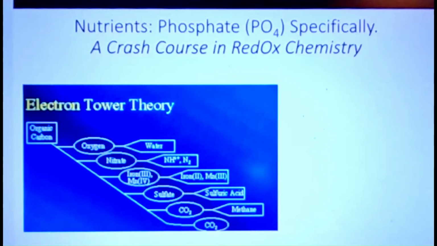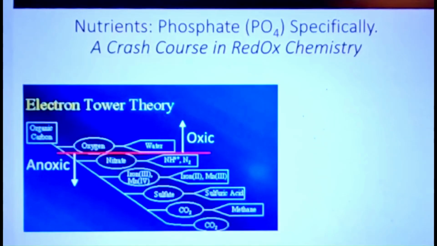It wants to give up electrons. However, in order for that to work, something needs to accept the electron. The way this tower works is that if something is present that's higher up, it gets preference. So as long as there's oxygen and it's oxic, oxygen will accept the electrons to break down organic matter.